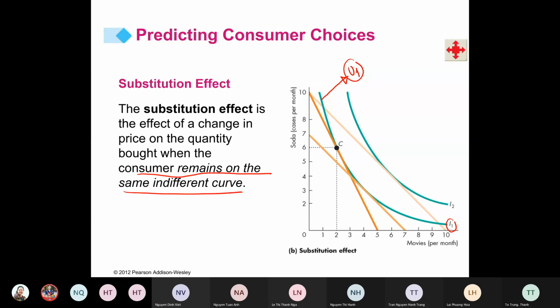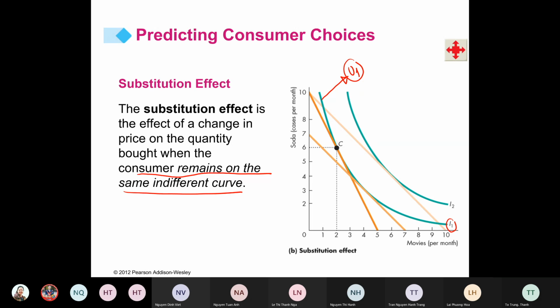Where should the point be when Lisa gets the same level of satisfaction U1, or remains on the same indifference curve, but with the effect of the price change? And the answer is very simple.